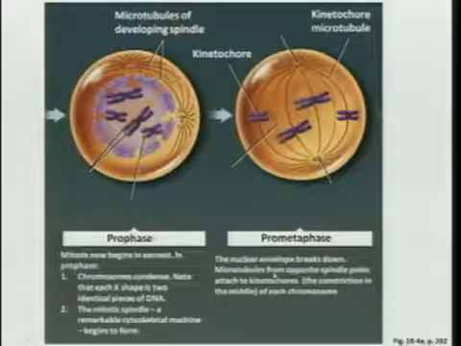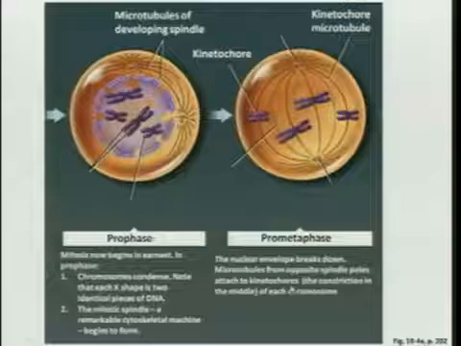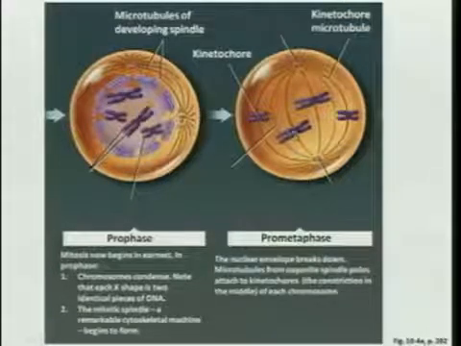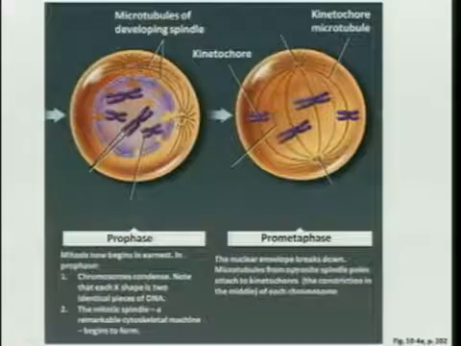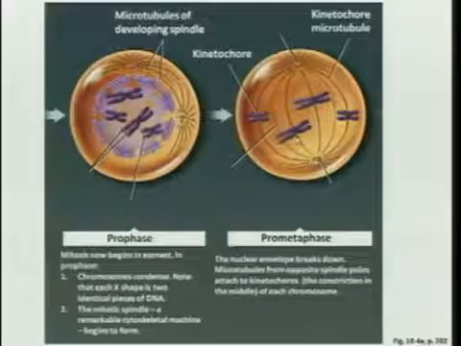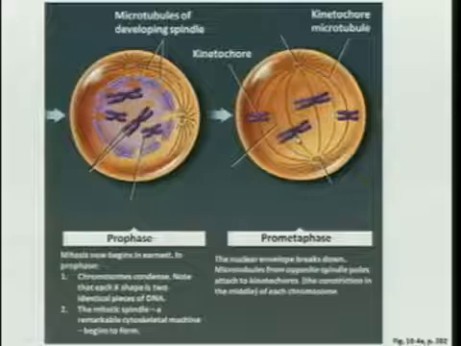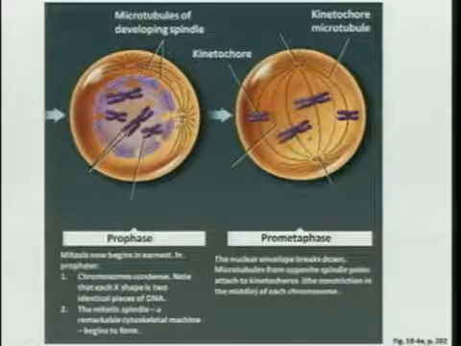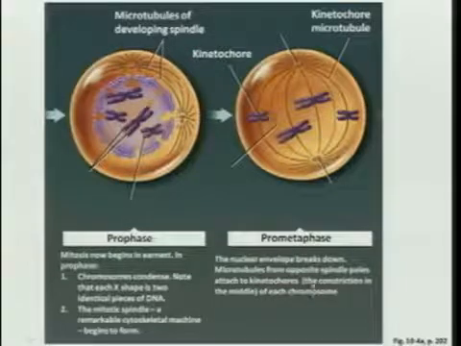Prometaphase. The nuclear envelope breaks down. Microtubules from opposite spindle poles attach to kinetochores. This is, for now, let's call the kinetochore the constriction in the middle of each chromosome. Now, I really should have said of each pair of chromosomes, right? Because we know by now that there are two pieces of DNA inside there. But fine, let's use the word chromosome.